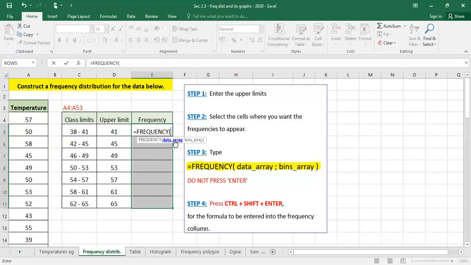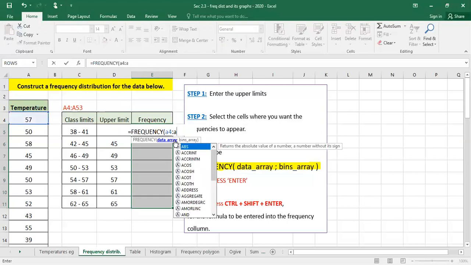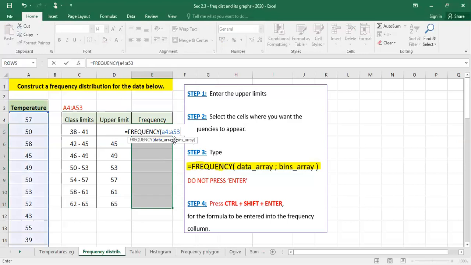So instead of highlighting all my data, I know I put it in as cell A4 to cell A53. Notice I'm using lowercase letters; Excel doesn't mind lower or uppercase. Notice as I've written it, Excel's put it in blue and highlighted all the data in blue, so we know what we're referring to and can confirm it.